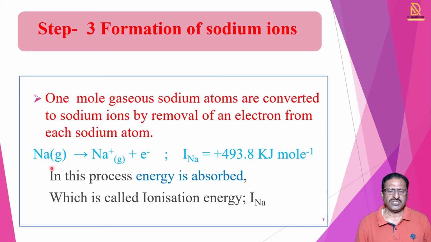For the conversion of atom into ion, energy is required, and that is called ionization energy. 1 mole of gaseous sodium atom is converted to sodium ion, produced by removal of 1 electron from the valence shell of the sodium atom. When 1 electron is removed, it forms Na plus ion in the gaseous state.